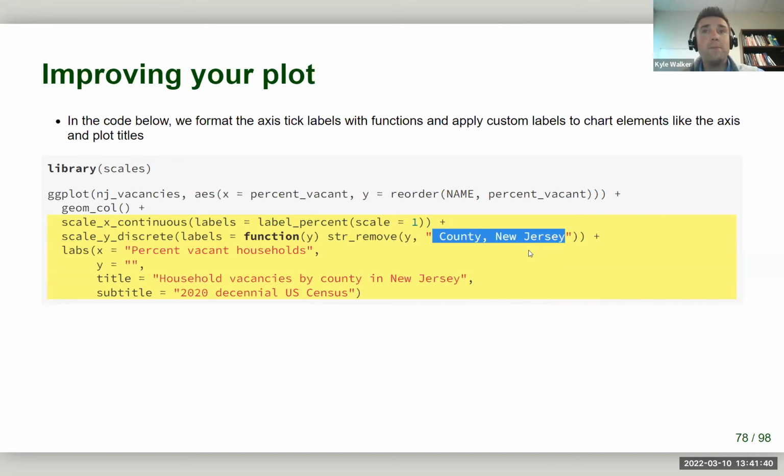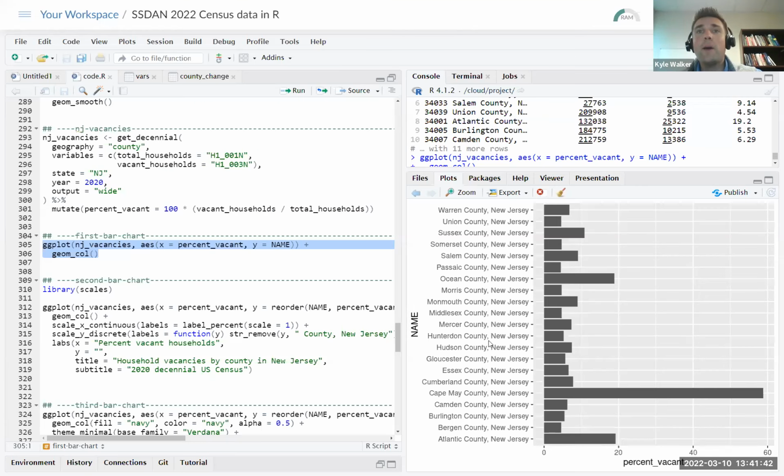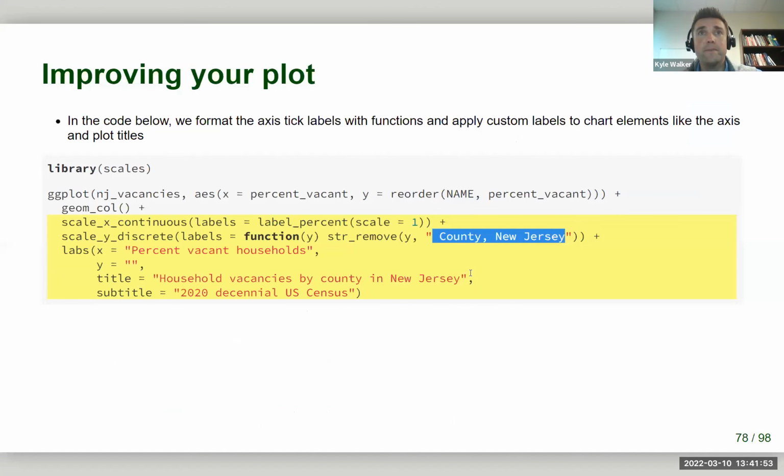Because as we saw on the plot, that is common to every county here. So basically what it's going to do is internally, for each of these y-axis tick labels, get rid of it for us.